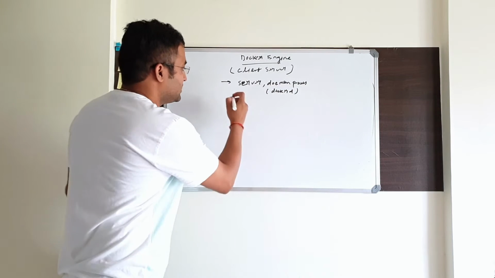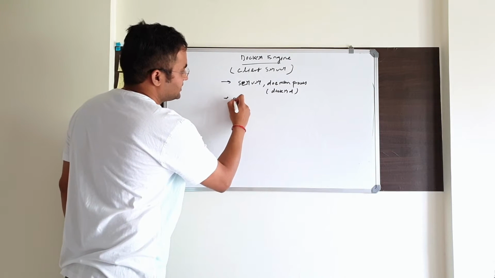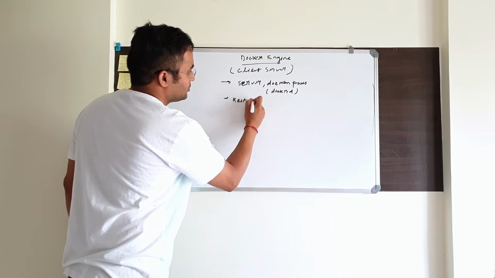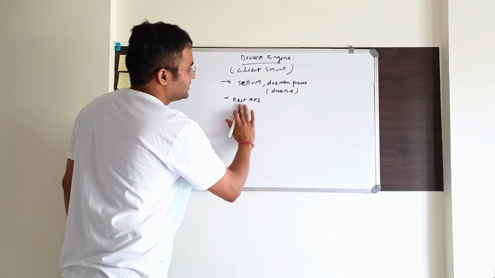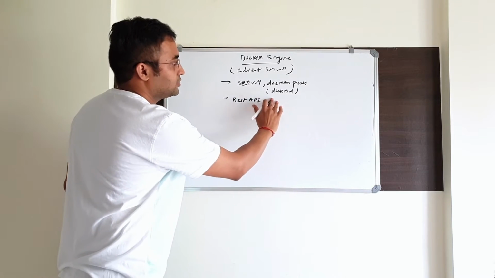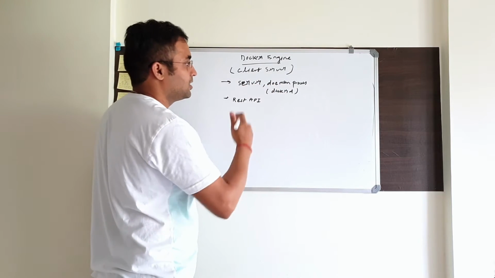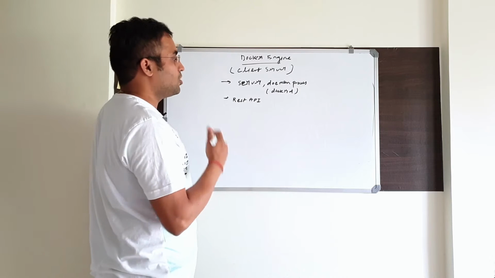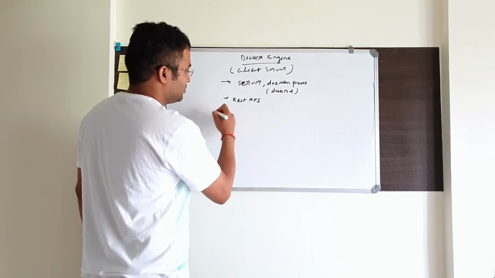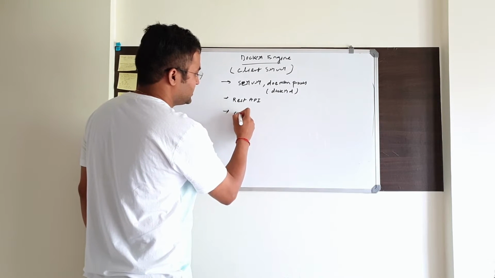Another component is called REST API. The REST API is a program that is used to instruct this daemon to perform all the operations, to create and manage the objects. Then the third one is called CLI.